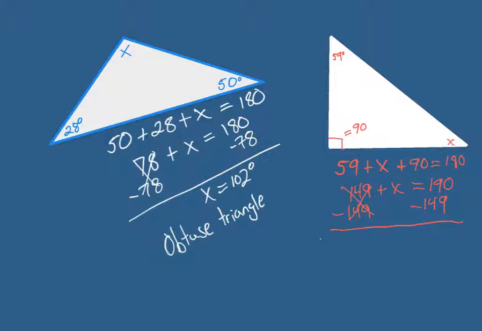This cancels out, I'm just left with x. 180 minus 149 is going to give you 31. And so our answer is x equals 31. And if we were asked to label this triangle, this would be a right triangle because it has one angle that is 90 degrees.